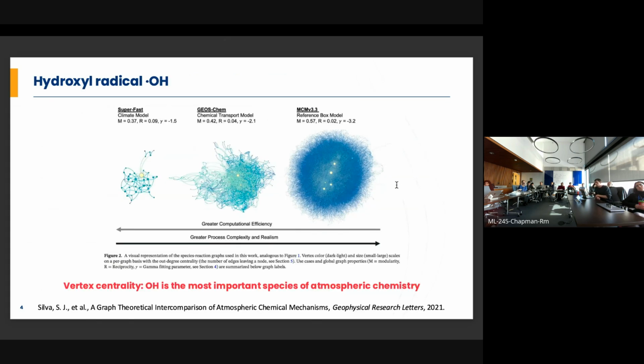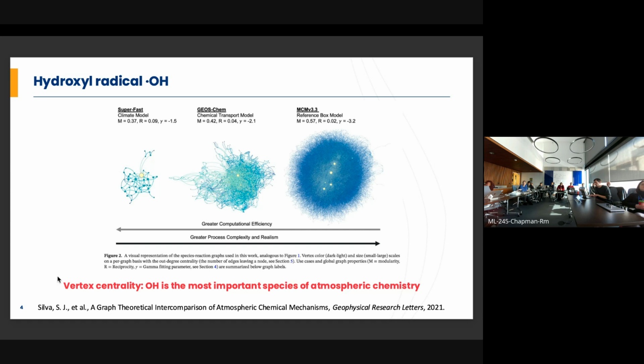And this is because OH is very central in tropospheric chemistry. So here you can see one of the mechanisms used in CESM, a superfast mechanism that was designed to be a very low set of reactions, GEOS-Chem, that is widely used, a 3D model, and a box model that cannot even be run in 3D.